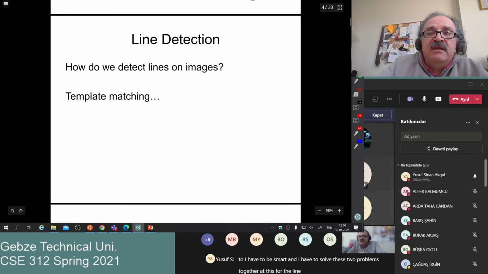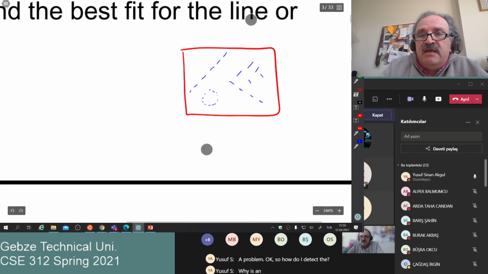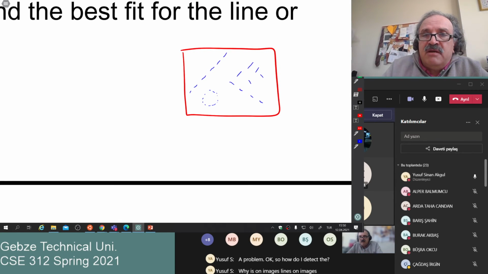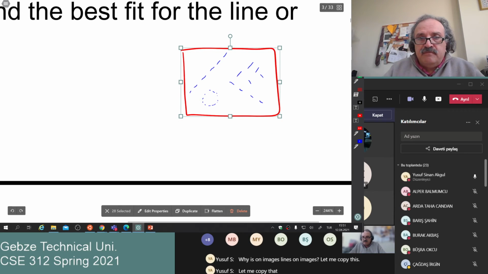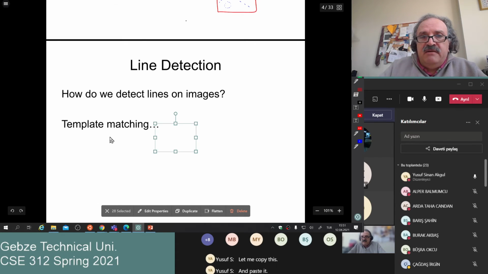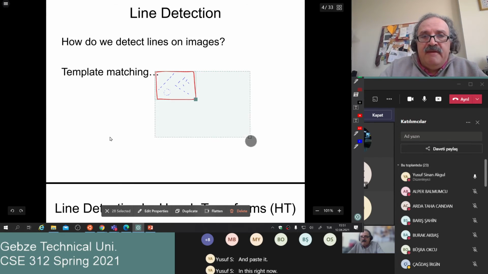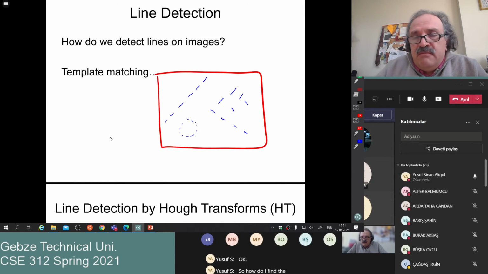Okay, so how do I detect the lines on images? Let me copy this and paste it in the slide now. Okay, so how do I find the lines on this image?